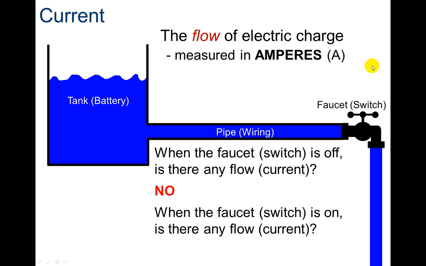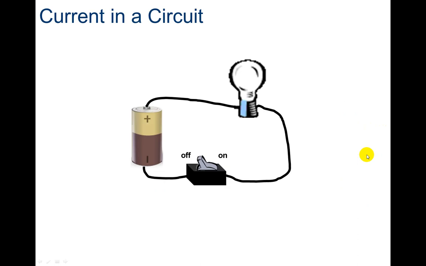Yes, those electrons can still move, but once you break that wire and open that switch, it's not going to move because the positive side is no longer attracting them. In this case, I open up the faucet and it allows it to flow, which is amperes, that rate that it's flowing.